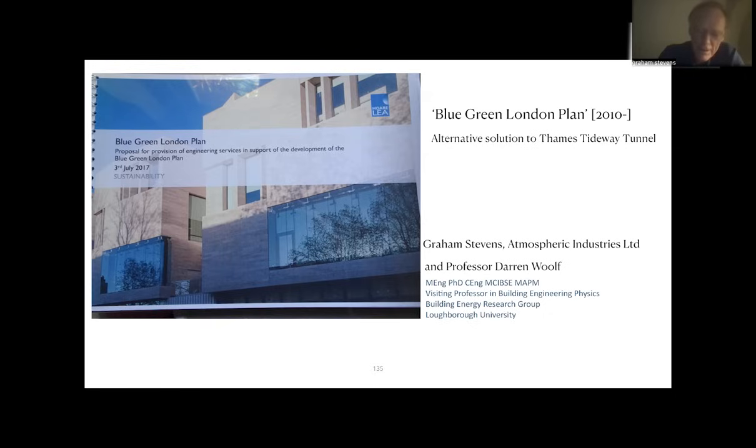They spent something like £600 million on the feasibility of the tunnel. And we suggested they should spend an equivalence on the blue-green technologies, which were new technologies.